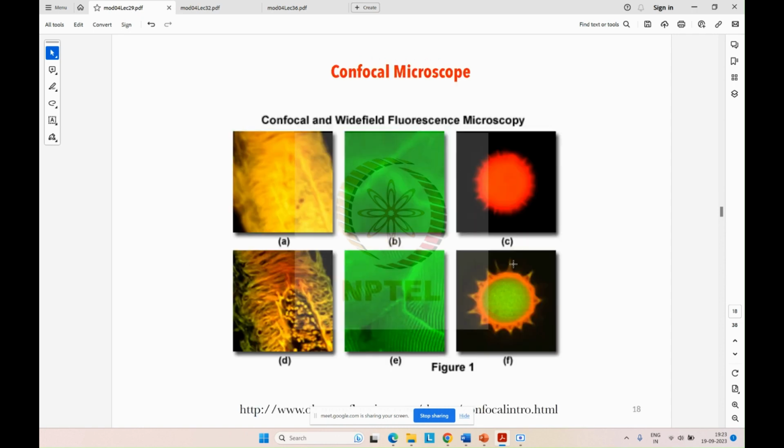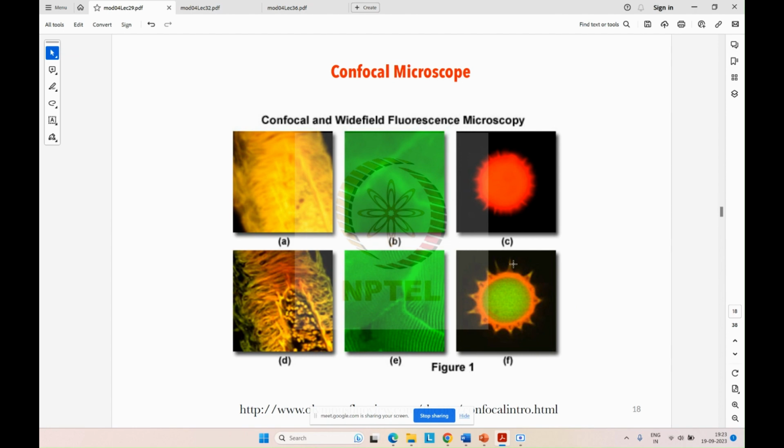A normal epifluorescence microscope shines light throughout the sample, and it decreases how good of an image you get. Subsequent modifications to epifluorescence microscopy led to the birth of the confocal microscope.